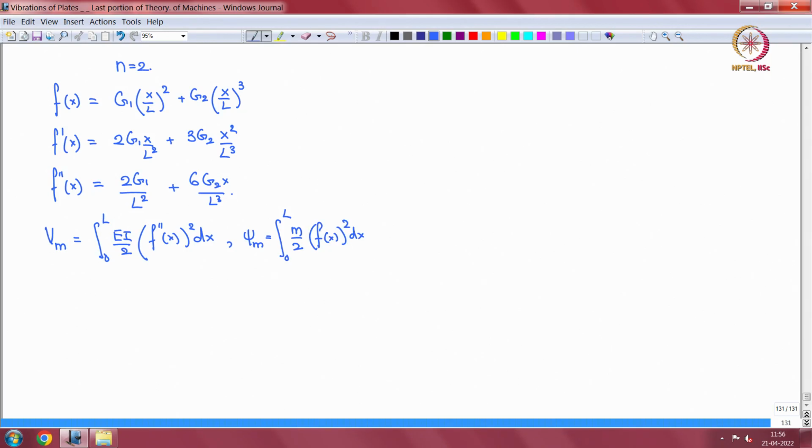after all the integrations, my VM now looks like EI by 2 into 4 g1 square by L cube plus 12 g2 square by L cube plus 12 g1 g2 by L cube.